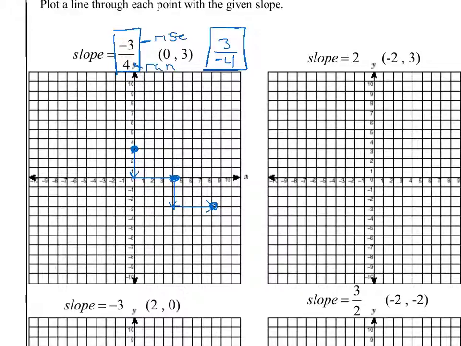So if you want to switch between forms of writing the slope, you can do that by changing both the top and bottom signs. Simple as that. So I'm going to rise 3 and back 4, based on the second way we wrote our slope.